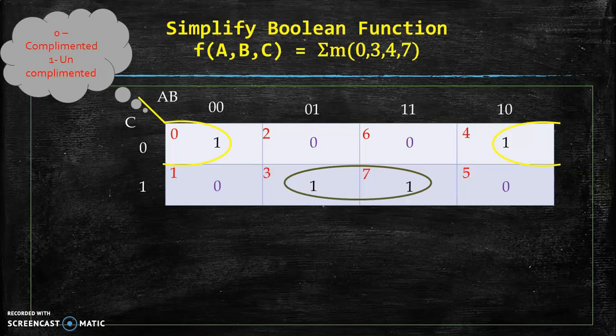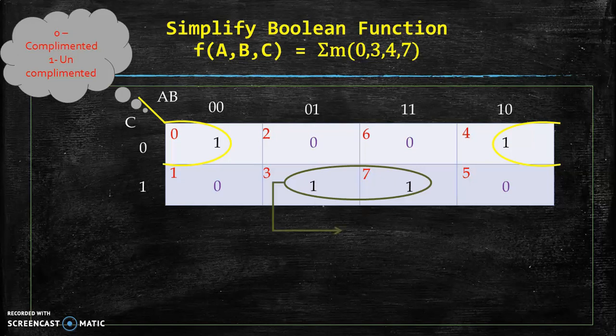When we write literals of the product terms, we should always remember that if the variable is 0, it is complemented, and if the variable is 1, it is uncomplemented.